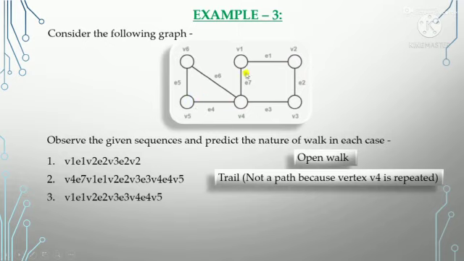So what is this? This becomes a trail. Why? Because it is not a path, since vertex V4 is repeated here. Next one: V1 E1 V2 E2 V3 E3 V4 E4 V5. What has this become? This becomes a path, because no vertex is repeated and no edges are repeated.